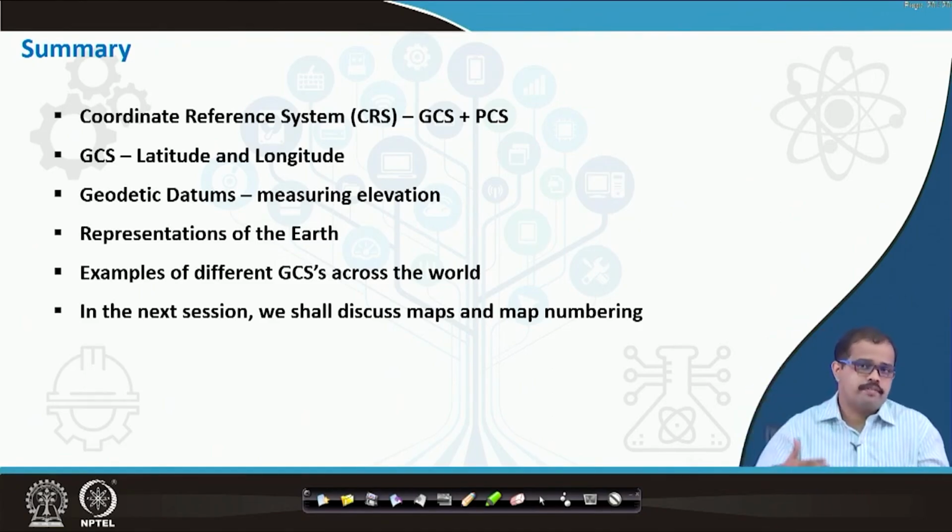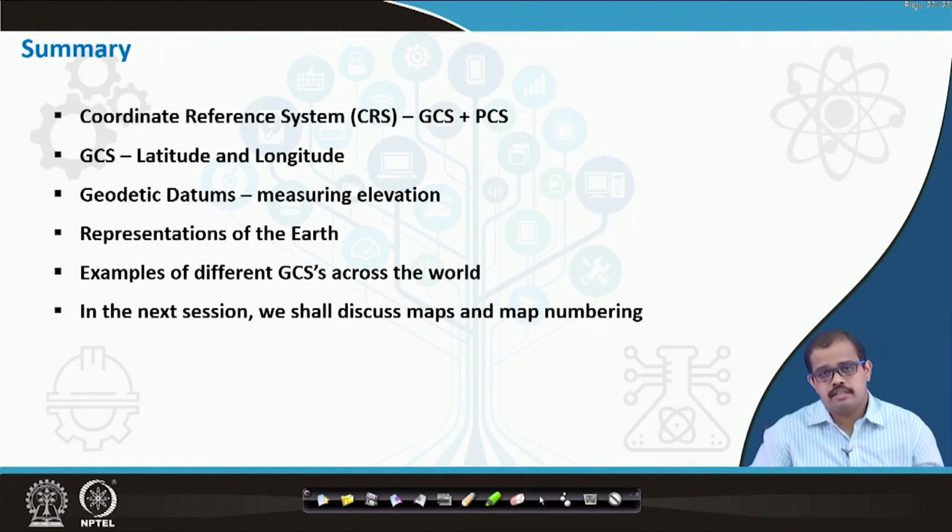But with this huge number, when you look at the Indian subcontinent, it is the Everest referencing system that is used the most, which evolved over a period of time from the 1880s to 1956. But now it is not much used as a referencing system, whereas WGS84 is much used in all terms, because of the ease of measuring the distance of any object on the Earth's surface. That we have seen.